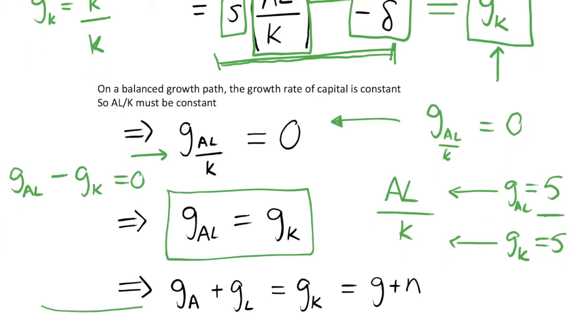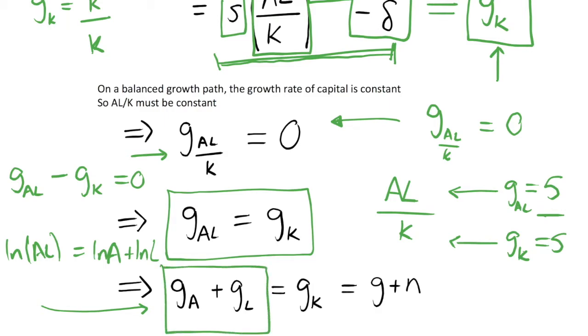And again, using rules of logarithms, we know that ln of AL is equal to ln of A plus ln of L. So we can split the growth rate of AL into GA plus GL. This is still equal to GK.